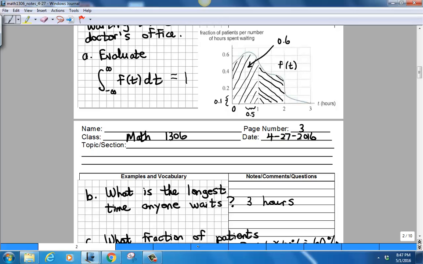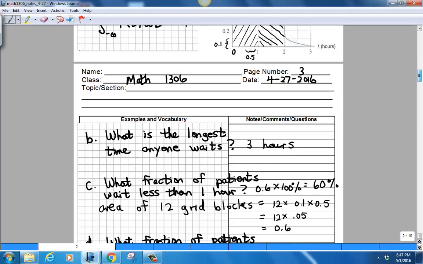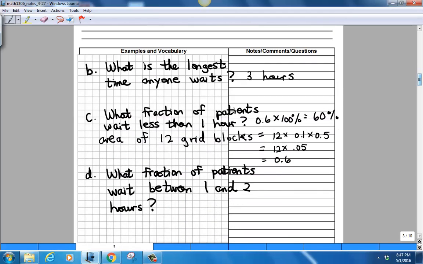I'm missing a little bit of the 7th one, but I have a little chunk up here that I count for part of the 7th one, and then another little piece right there. I don't think I really have 8 grid blocks altogether, but I might have about 7.5. So let's go with 7.5 as our guess there. So I think we're looking at the area of 7.5 grid blocks, right?